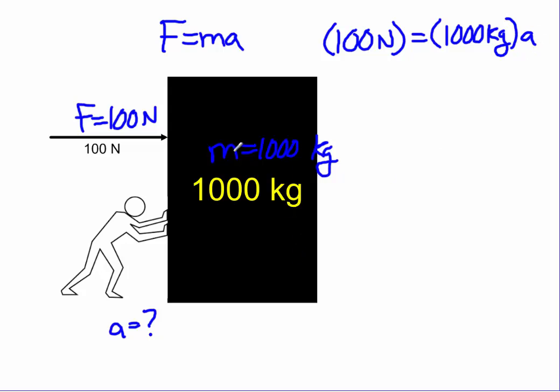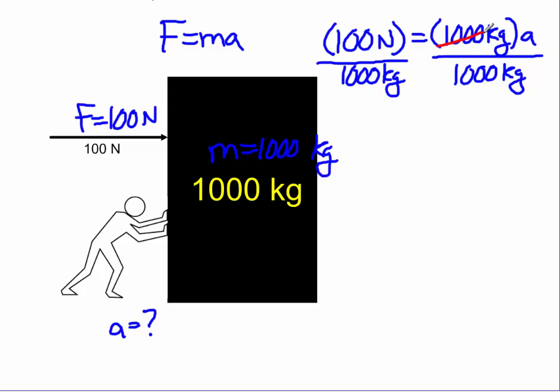Now we know from math that we want to try to get acceleration by itself. So we're going to divide both sides by 1,000 kilograms. And we know that if we have a number on the top and a number on the bottom, they cancel out. Same thing, the kilograms cancel out. We know that those zeros cancel out, and we're left with 1 over 10.